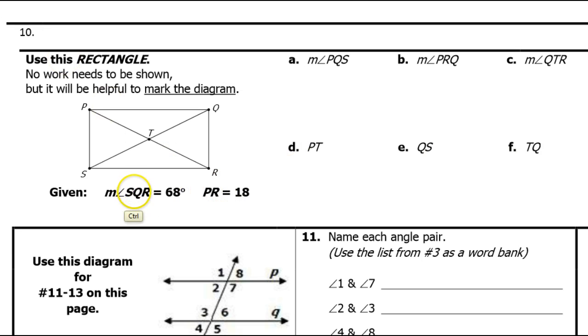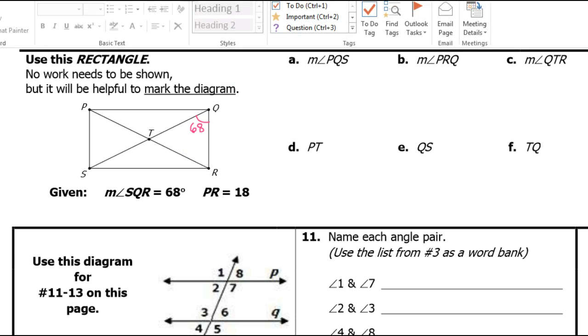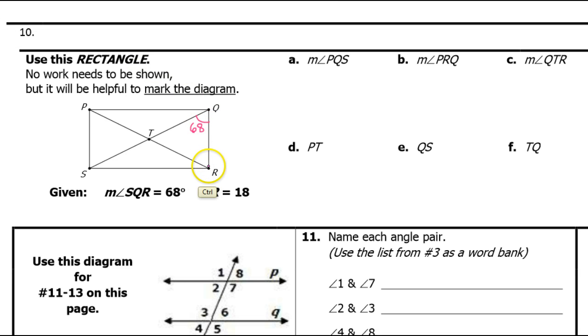So they say that angle SQR is 68. So let's see, SQR, that's this angle right here. So that is 68. Now let's play around. Let's see all the angles that we can find because of that. So let's start with this.